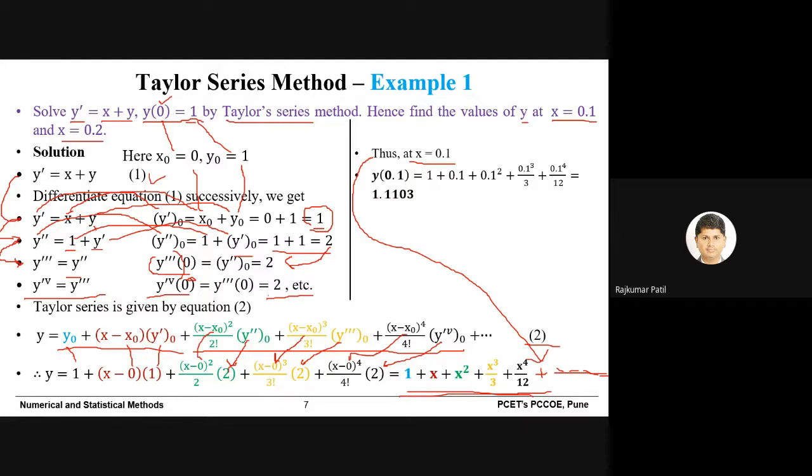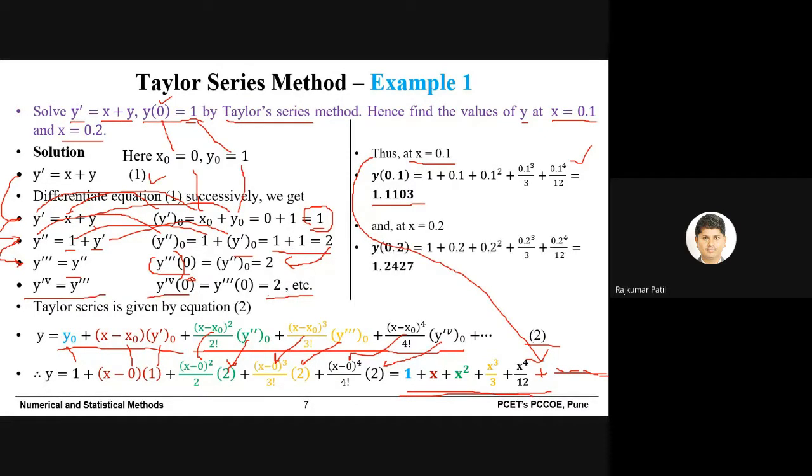If we want a higher degree of accuracy, then you can consider as many higher terms as possible. But as this particular question we are going to solve in the examination, we will restrict to x raised to 4, that is up to 4th order. So you can put those values and you will get the answer as 1.1103.